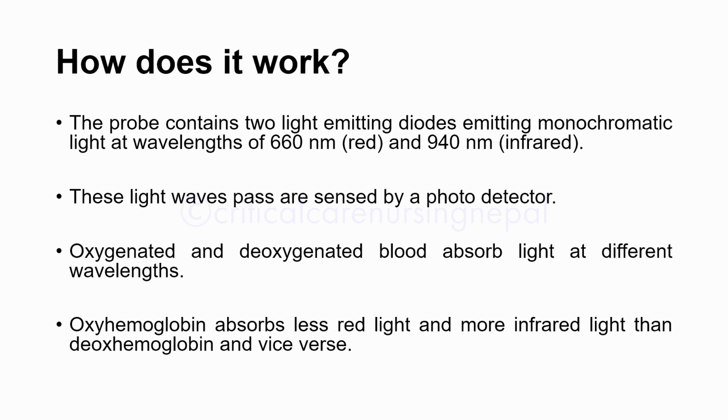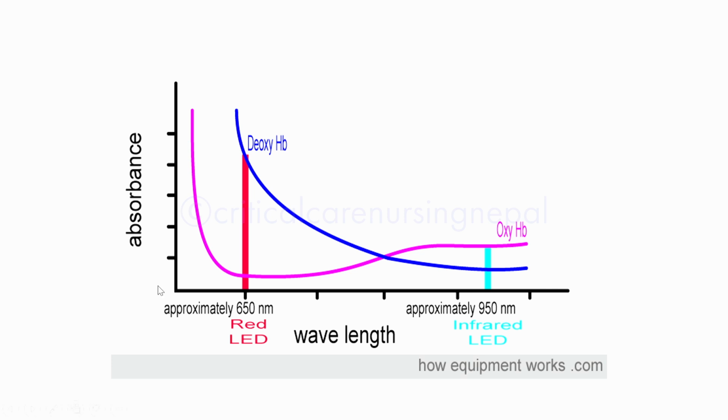The ratio of absorptions between these two wavelengths gives the device its raw data, and then it calculates. You can see here, this is the wavelength and this is the absorption. Deoxyhemoglobin absorbs more red light, and oxyhemoglobin absorbs more infrared light.